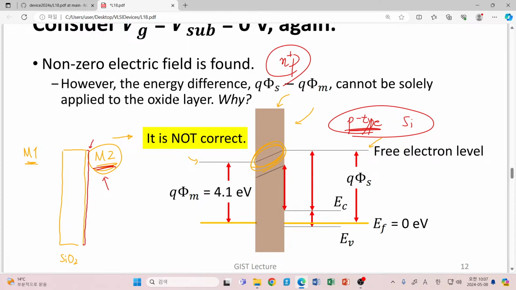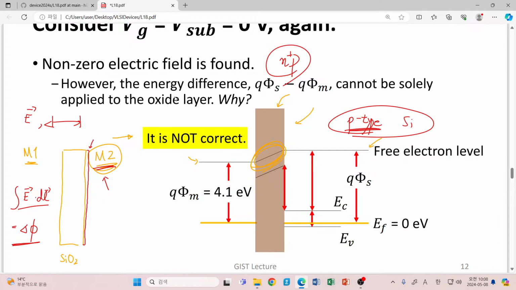Quite similarly, if its doping is not sufficiently high, then it requires a certain amount of length scale. And if you have a certain electric field and you have a certain distance to neutralize it, then what happens? By integrating your electric field with respect to a certain direction, that will give you a certain potential difference.